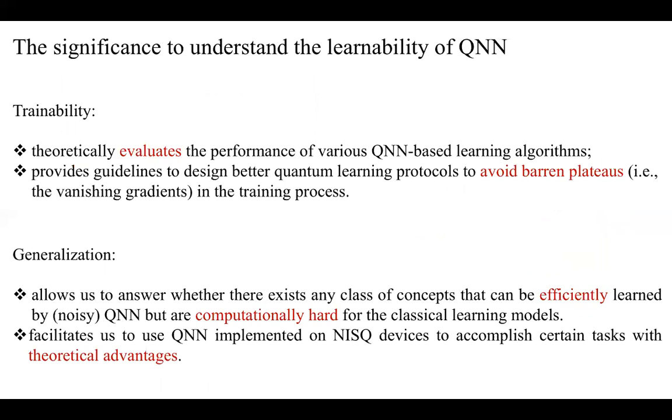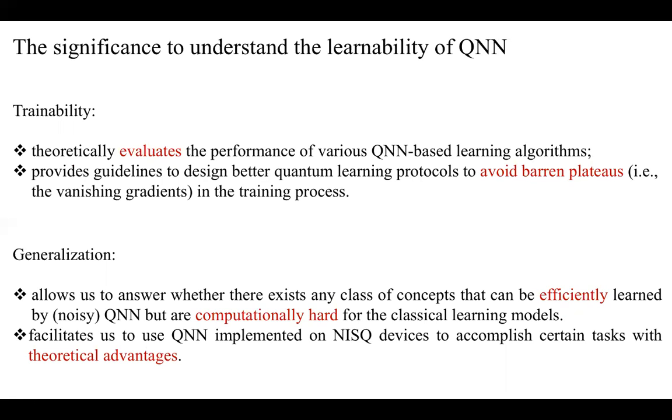The significance of understanding the learnability of quantum neural networks is as follows. As for trainability, a good understanding allows us to theoretically evaluate the performance of various quantum neural network-based learning algorithms. Meanwhile, it can provide guidelines to design better quantum learning protocols to avoid barren plateaus in the training process.